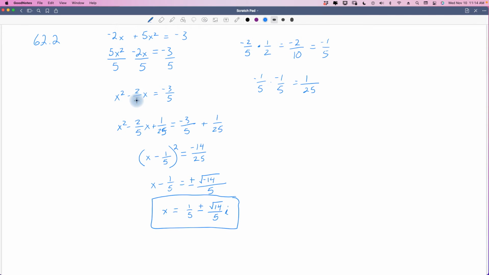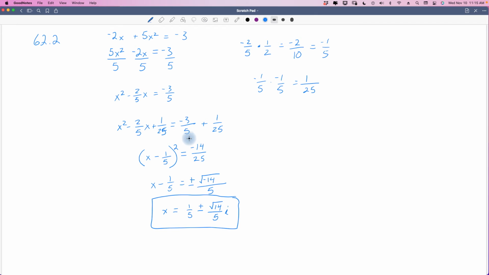So now we take this negative 2/5 and we divide it by 2, and we do that by multiplying it by 1/2, and we get negative 2 over 10. Now, if you can reduce a fraction while you are in the process, do so, because it's going to make your life easier. So we reduced negative 2/10 to negative 1/5. Then we squared that, and we got 1 over 25. So we added 1 over 25 to both sides, okay?